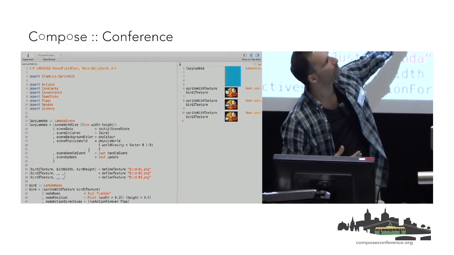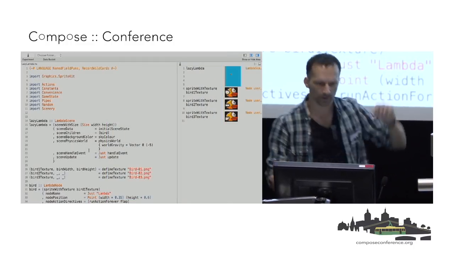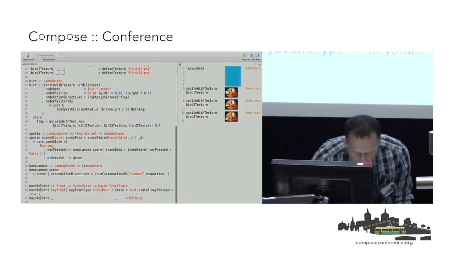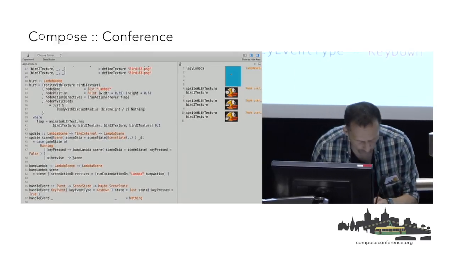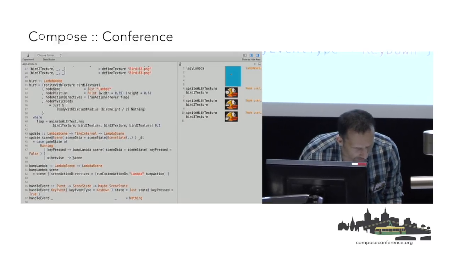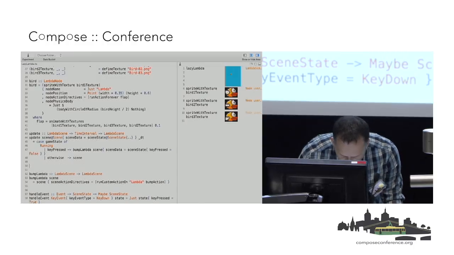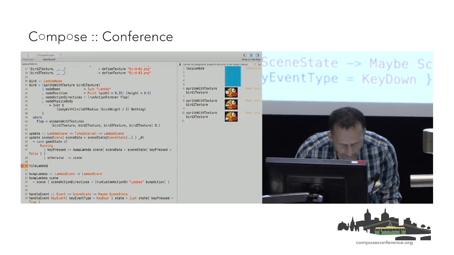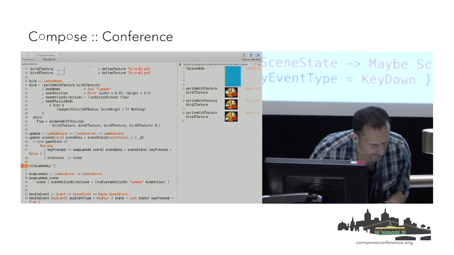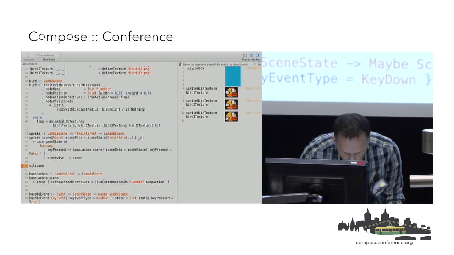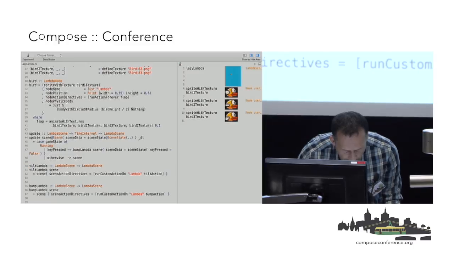You would expect the bird to tilt a little when it flies up, right? So down here in the update function, when we don't have any bumping to do, we could add another action which I call tilt lambda, which adjusts the position of the bird, the rotation.